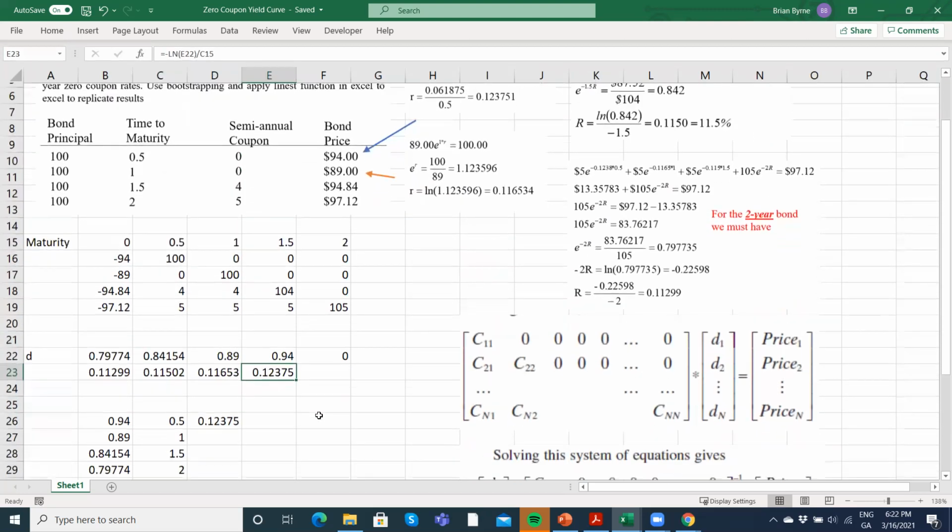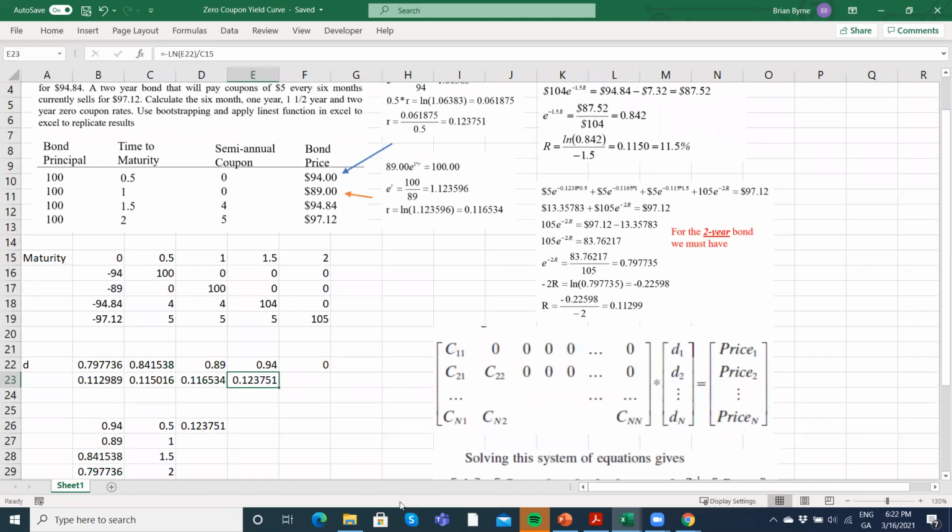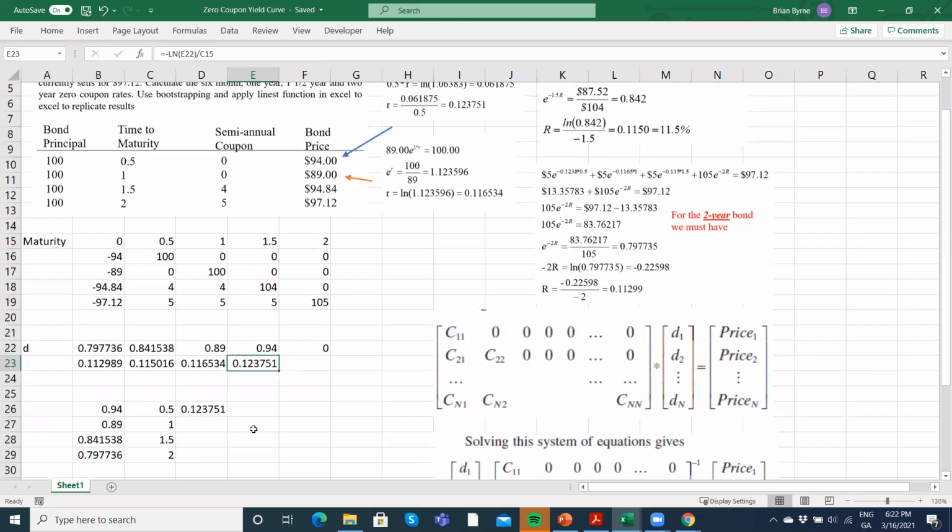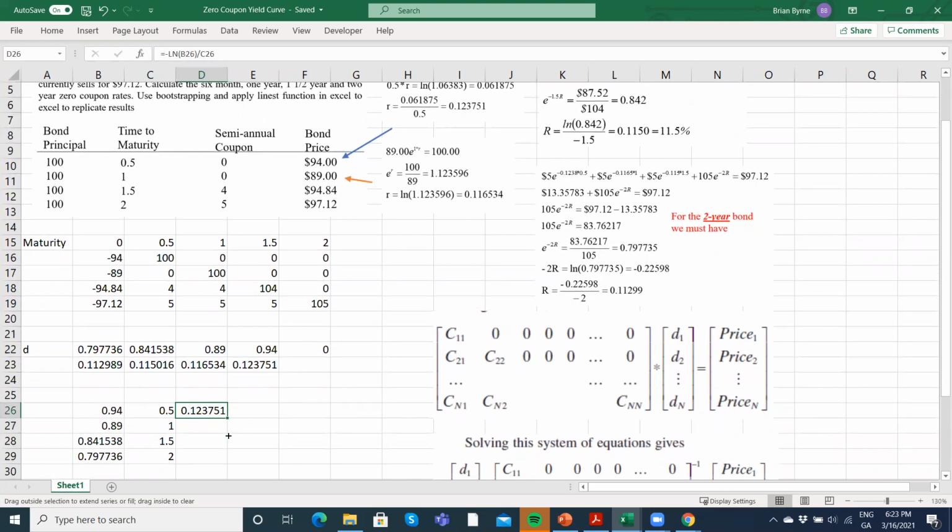We can try that again and just drag that. It'll work by dragging. And you can see the 11.65 here is the same as what I had here. The 11.5 is the same as what I have here.